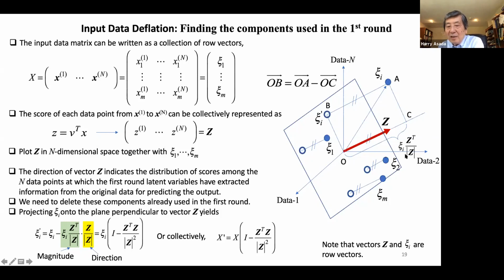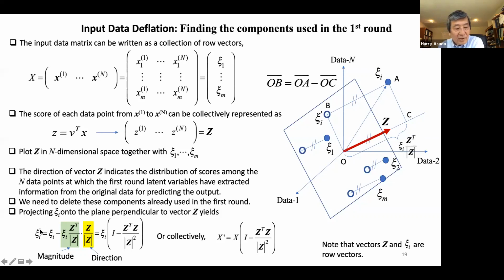Anyway, this term gives this length. Now we need to subtract from this OA, Ci, this vector. This one is pointing in this direction with this scale.